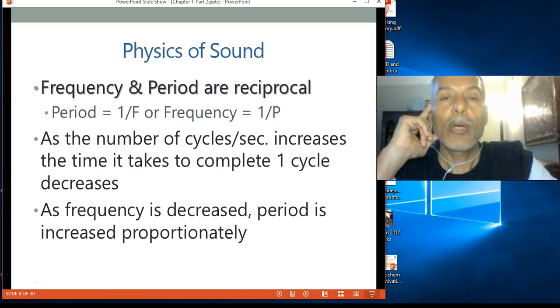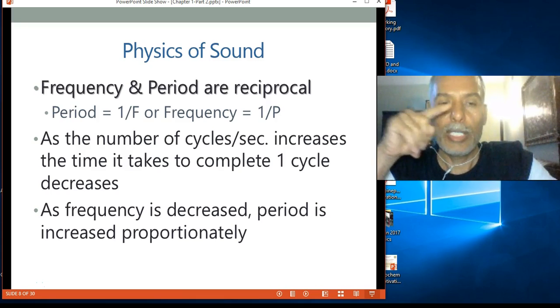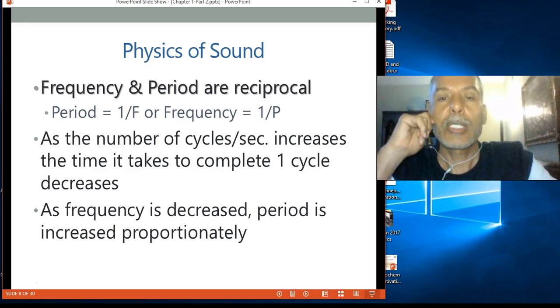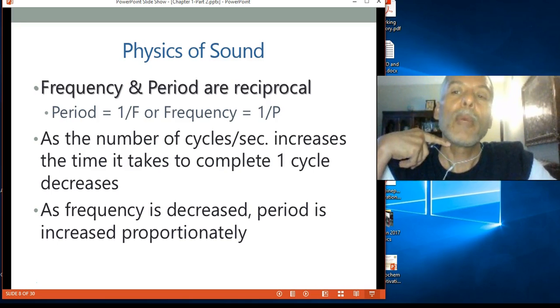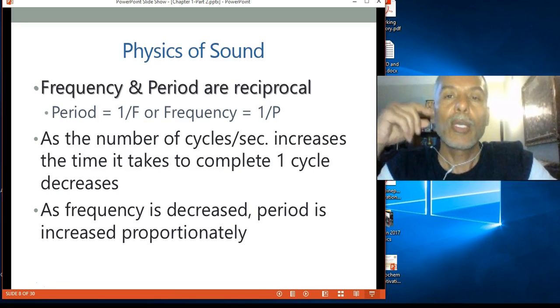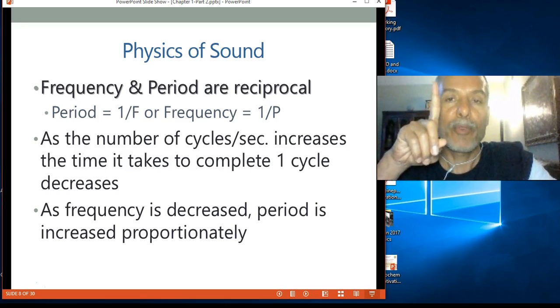If you want to figure out period, say period, or T, equals 1 divided by frequency. Say my vocal folds vibrate 100 times per second. You want to figure out how long it takes to make a single vibration.